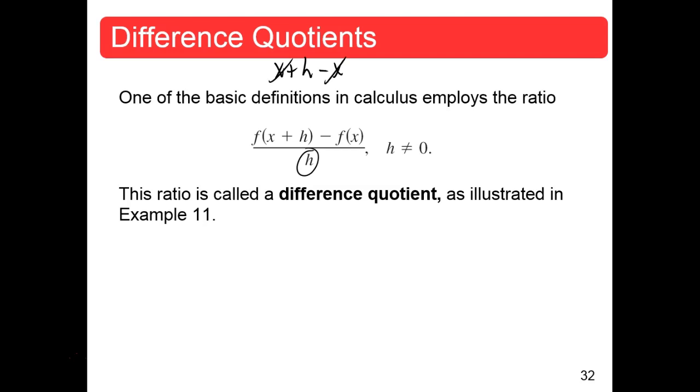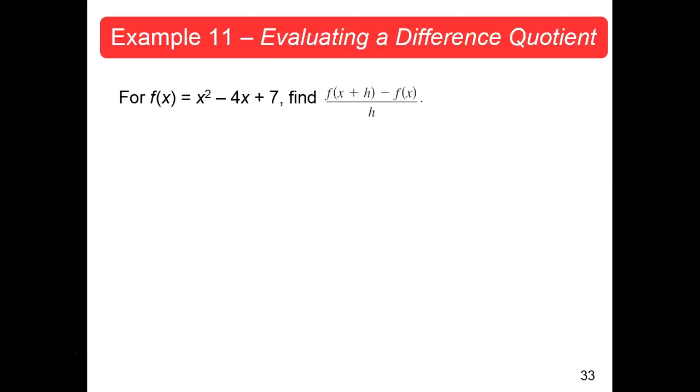Because good old Isaac Newton was trying to do this, going from average difference ratios to instantaneous. And somebody before him had come up with the concept of a limit. As h gets closer and closer to 0, does this ratio get closer and closer to something? That's what calculus will deal with. You don't have to worry with that too much. So that ratio is called a difference quotient, and that's illustrated in this example.